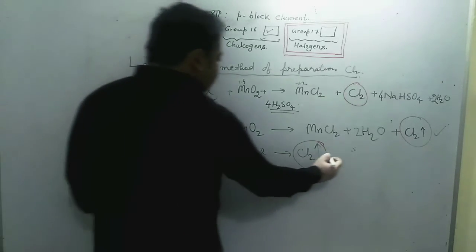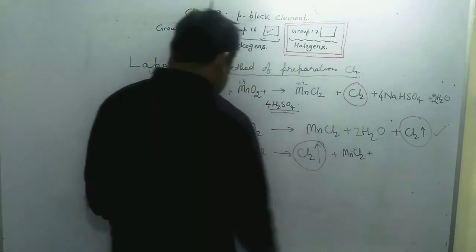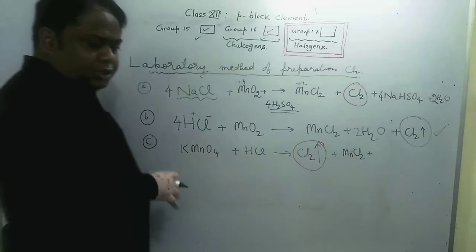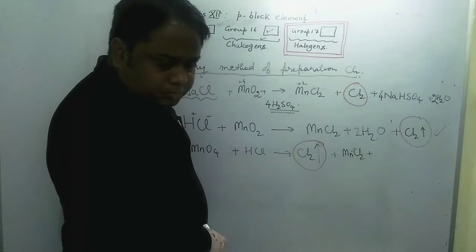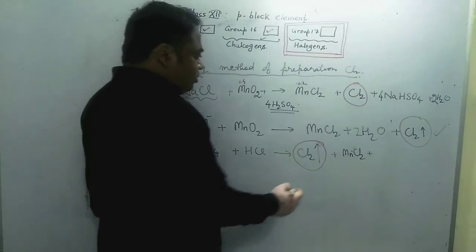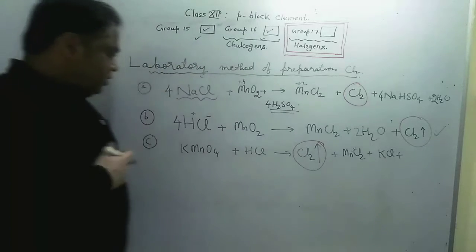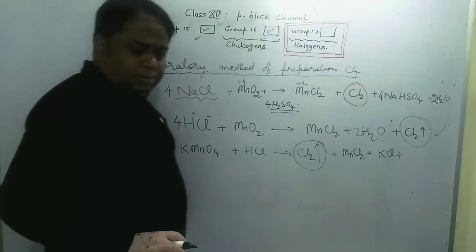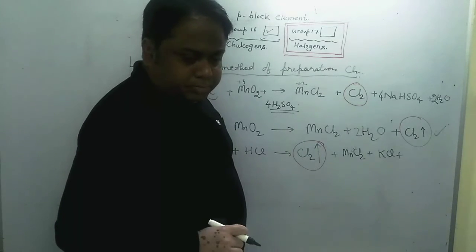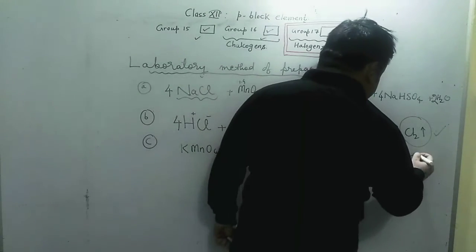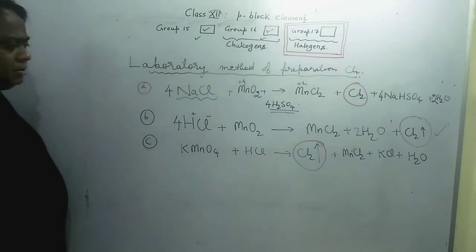MnO4 will reduce to MnCl2 plus. What will happen to potassium? Potassium will also become chloride, KCl, and these oxygens and hydrogen will become water. Now we have to balance this.